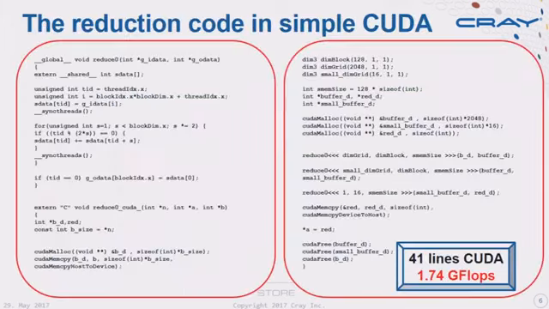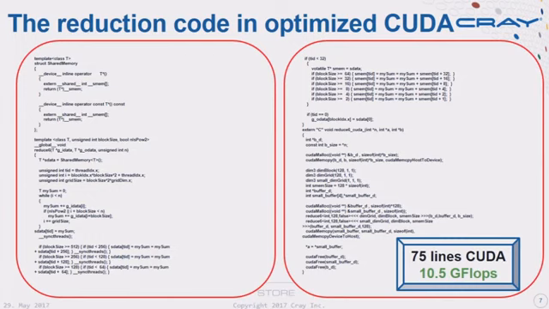Then you could also think of implementing this example in CUDA. If you do a trivial one, you end up with around 31 lines, and you get 1.7 gigaflops. So the performance drops, since maybe you did not do perfect tuning for your hardware. You could put much more effort in and do more tuning.